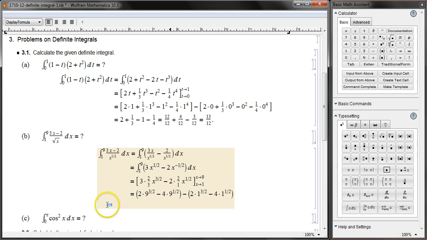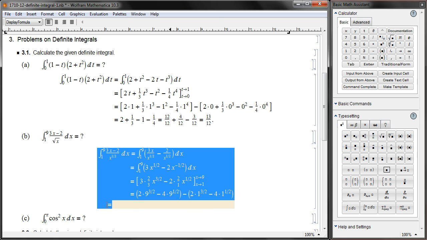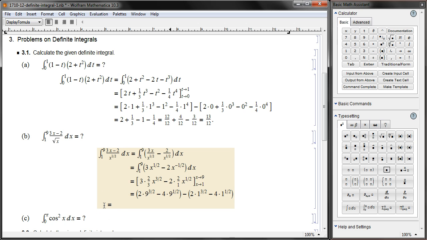So if we calculate, what do we get? Is this something that I can calculate easily? Let's see. 9 to the 1/2 power is the square root of 9, that's 3. 3 to the 3rd power is 27. So this is 2 times 27, that's 54. And then 4 times 3, that's 12. And then 2 times 1 and 4 times 1.